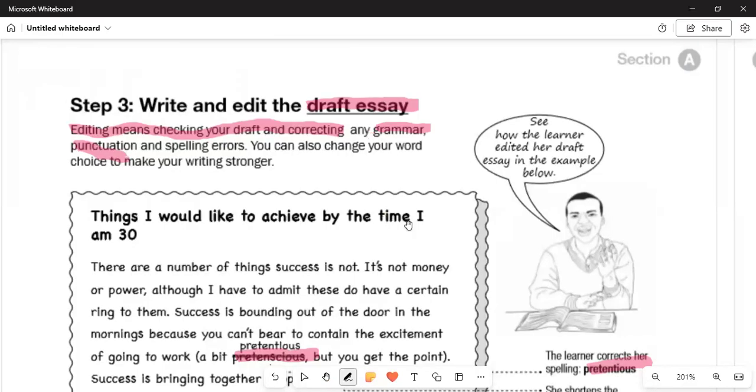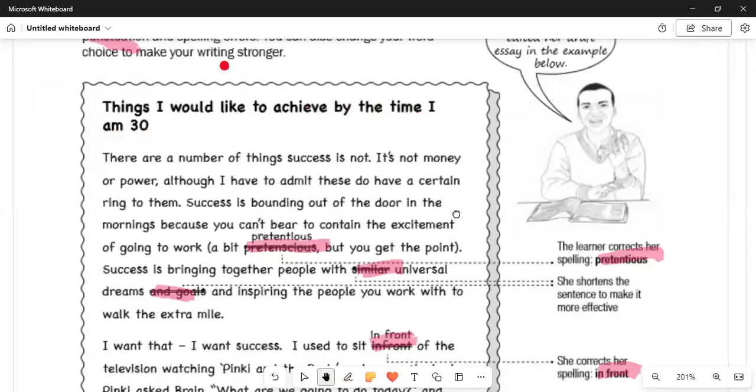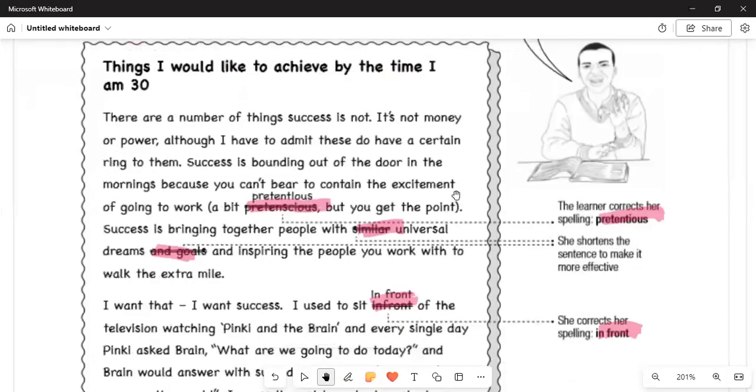And then we are saying this can be a typical example of the essay. We have the title, Things I Would Like to Achieve by the Time I Am 30. Success is not about money or power, although I have to admit, these do have a certain ring to them. Success is bounding out of the door here to contain the excitement of going to work.